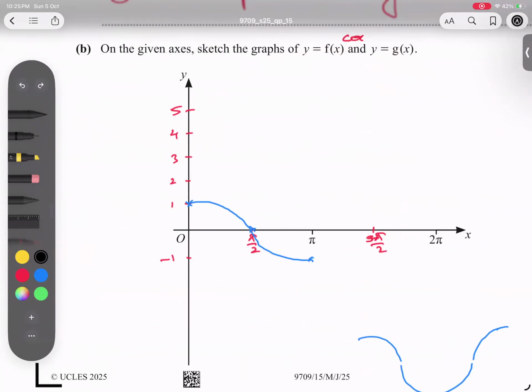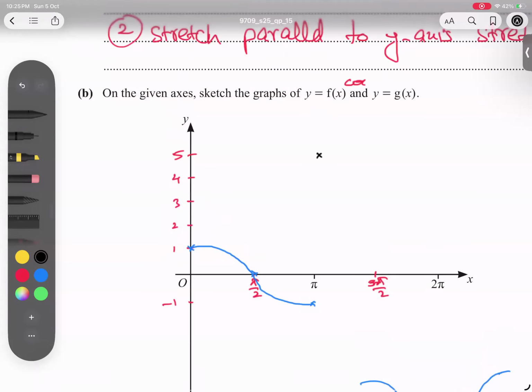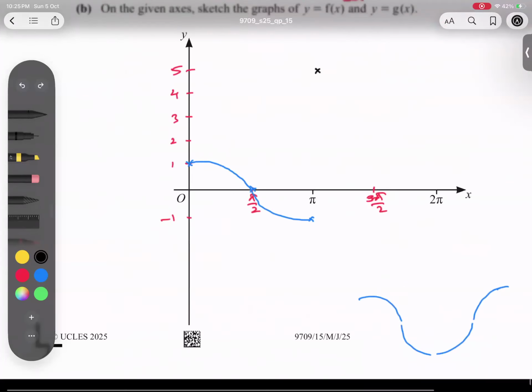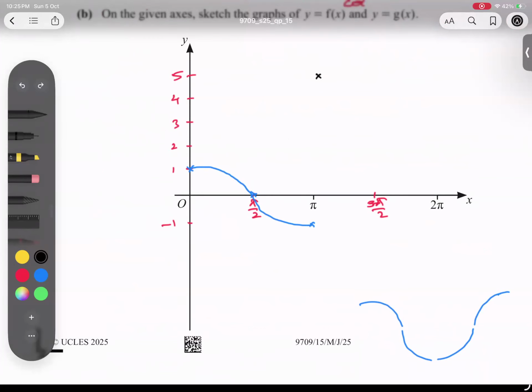Next I plug in 3 pi by 2 in the place of here. I'm getting 2, so against 3 pi by 2 I got the number 2.